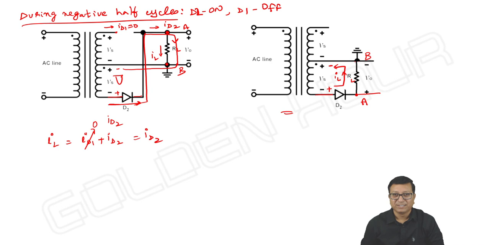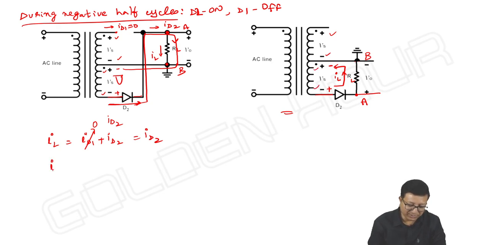Is it not so? Then what equation can we write for this IL? While writing the loop equation, we cannot change the polarities of Vs. Vs polarities are always from top to bottom here, and here also from top to bottom. In that context, you can't write IL as Vs by Rs plus Rf plus RL.